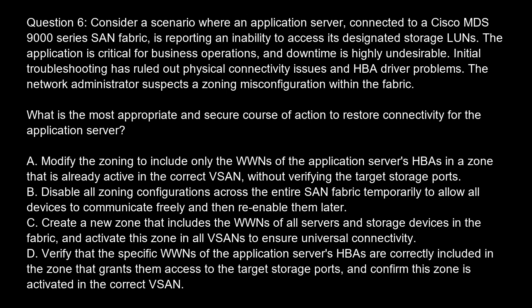Option C. Create a new zone that includes the WWNs of all servers and storage devices in the fabric, and activate this zone in all vSANs to ensure universal connectivity. Option D. Verify that the specific WWNs of the application server's HBAs are correctly included in the zone that grants them access to the target storage ports, and confirm this zone is activated in the correct vSAN.